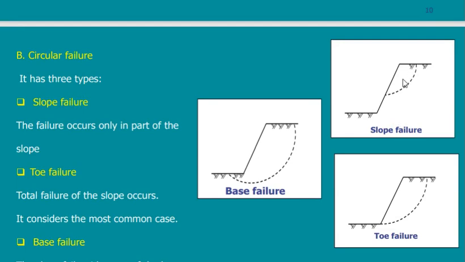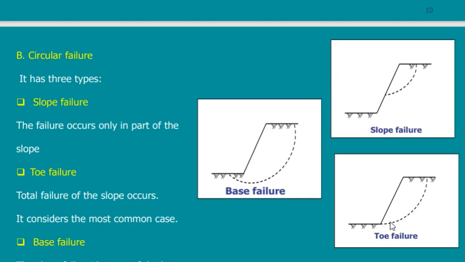For non-circular or circular failures, we also have many types of failures. Either we consider that part of the slope will fail. This is the full slope. I will just take a portion of it and this portion will fall. Or I can consider that the failure will reach the toe.